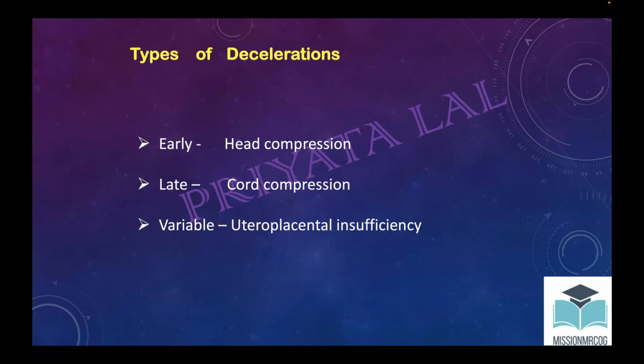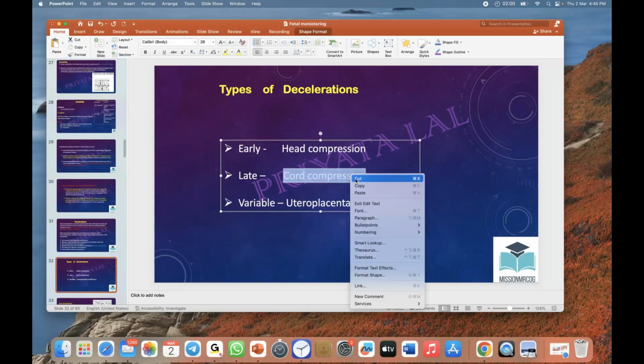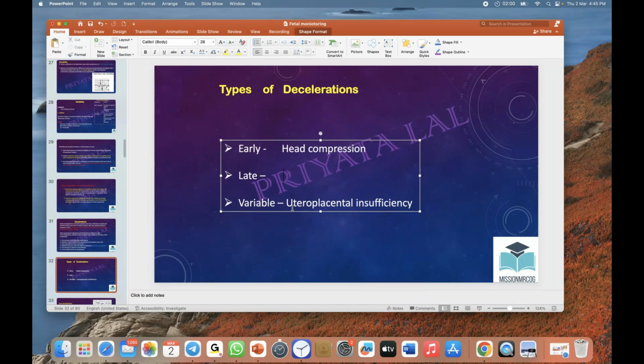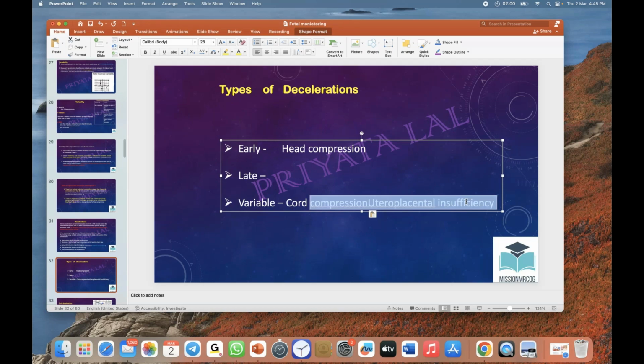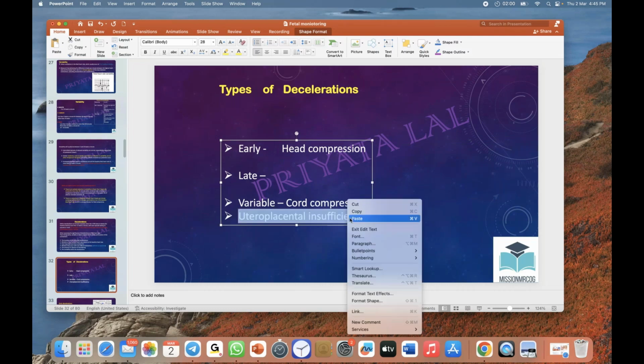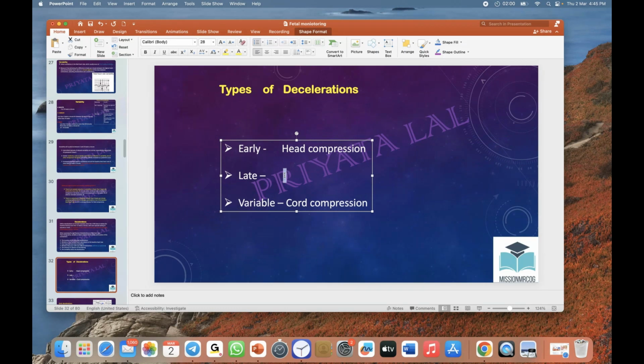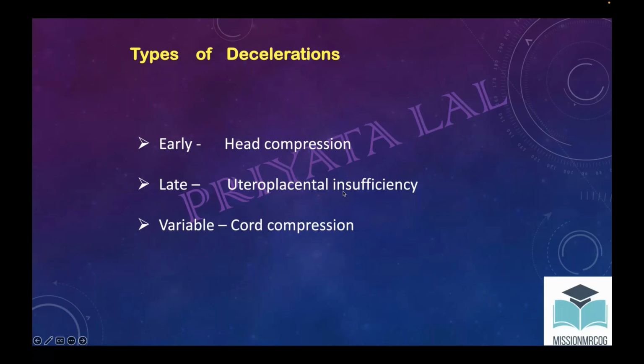Early is head compression, late is uteroplacental insufficiency, and variable is because of cord compression.